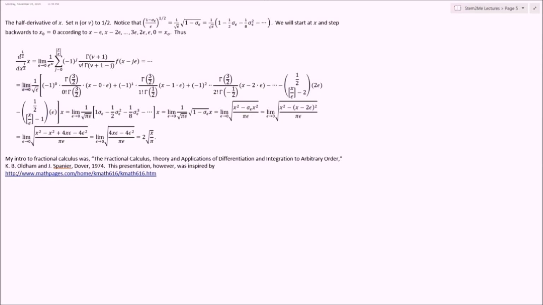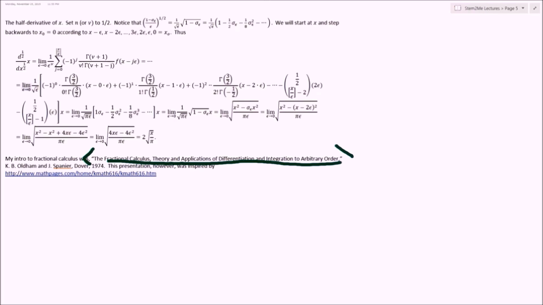The next bunch of steps are just algebraic collections. Here, here, here, here, arriving at the penultimate step where we take the limit as epsilon tends to 0 and obtaining the promised result.